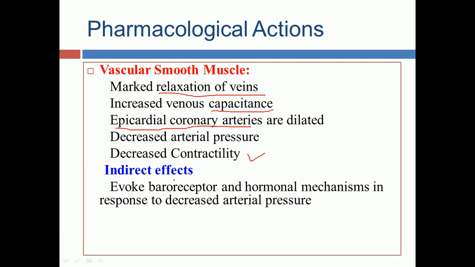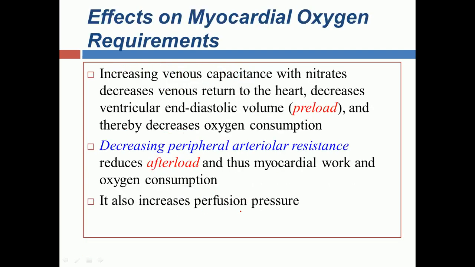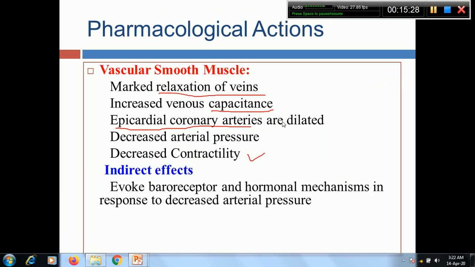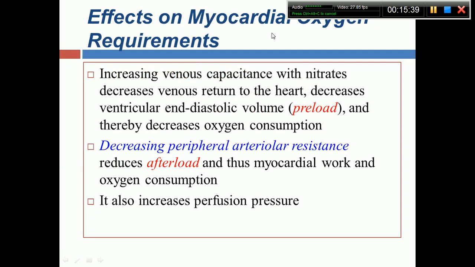There are certain indirect effects of these nitrates as well. These evoke baroreceptors and hormonal mechanisms in response to decreased arterial pressure, thereby ultimately increasing arterial pressure a bit. So how does this affect? All these pharmacological effects are translated in the relief of angina.